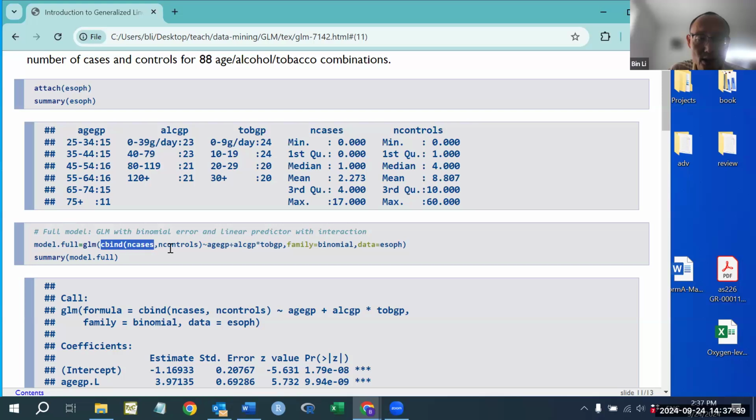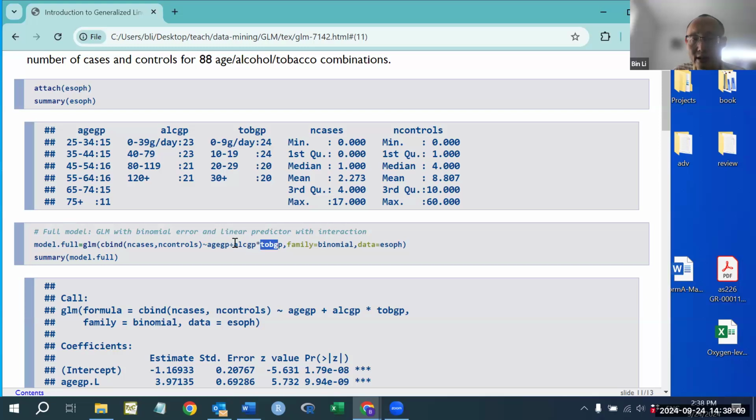For the response variable, we have the case controls, so we just use cbind of ncases and ncontrols. ncases are the number of cases that have cancers. ncontrols are the subjects that have no cancers. And we use the age group, add the alcohol group and the tobacco group.